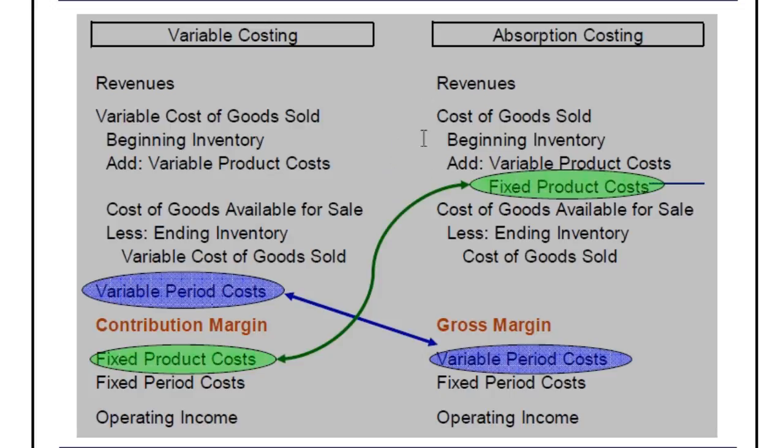And on the absorption costing side, we have the fixed costs included before the gross margin and not included before the contribution margin. Then later on, we have variable period costs included in variable costing before the contribution margin, and in absorption costing, they are included after. I hope that makes that a bit more clear.